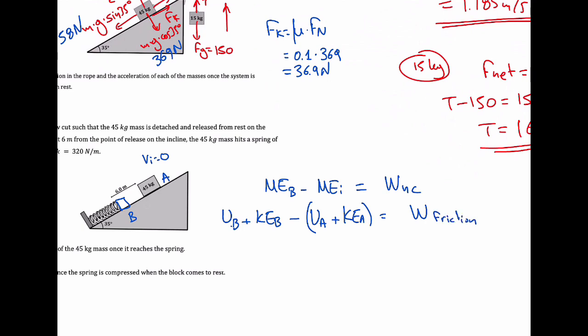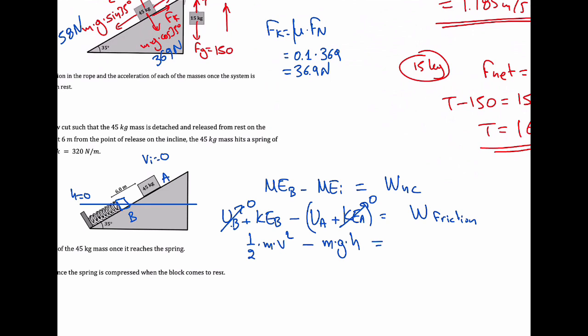Now, if I consider that just before the object hits the spring, the height is 0, then the mass times g, the potential energy is 0 at position B, and the kinetic energy at B is 1 over 2 mass times velocity squared. We know the mass and we don't know the velocity. The potential energy at A is mass times g times height, and the kinetic energy at A is 0.